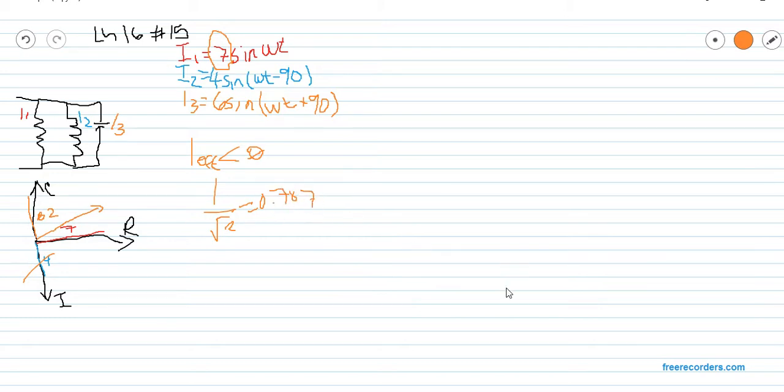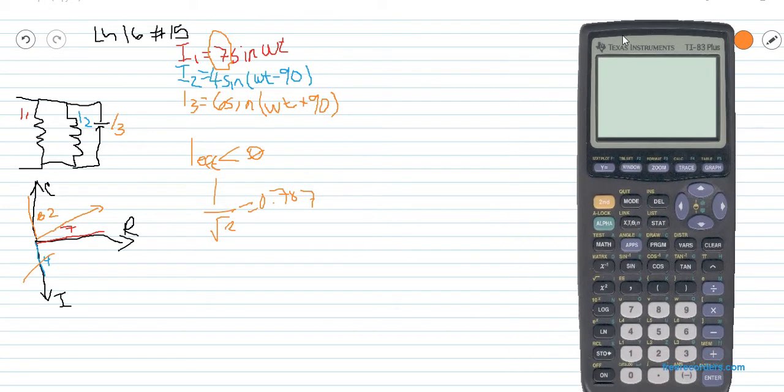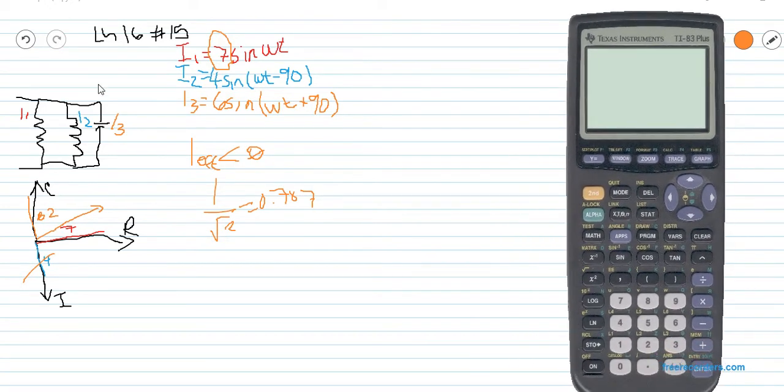Okay, so for this first one, we have 7 sine of omega t. Remember, this first one is a resistor, so there is no angle because it's horizontal to the plane. So 7 times 0.707, we wind up with 4.94.